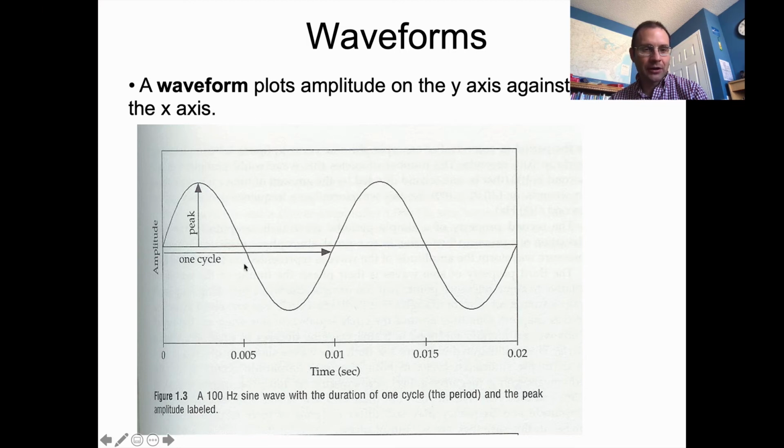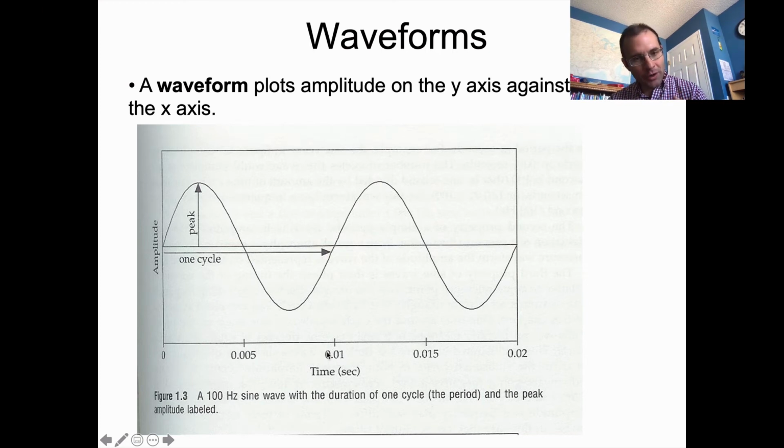This whole cycle concludes here because it's going to begin again at this point. And my period here, going from 0 to 0.01 seconds, is 1/100th of a second. That's how long it takes me to complete this cycle.